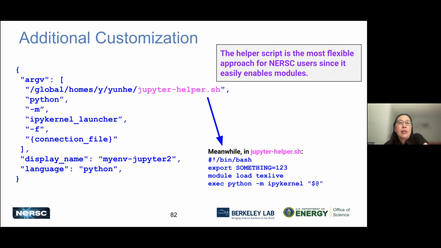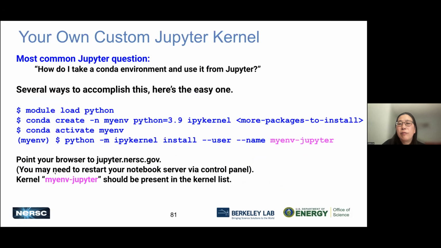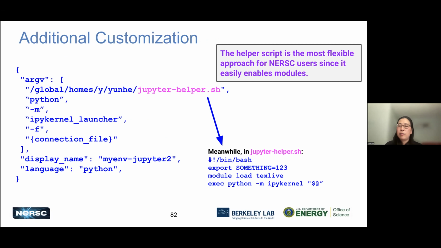So additional customization. What if you want much more complicated? For example, I want my kernel to have some environment set. I want my kernel to have a module being loaded, etc. For those cases, you can create a helper script first, and then this is Jupyter's file, and then using this file, I think I'm missing a few lines here, to create the IPy kernel.